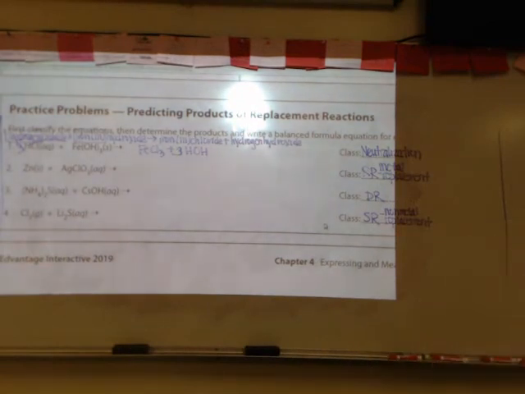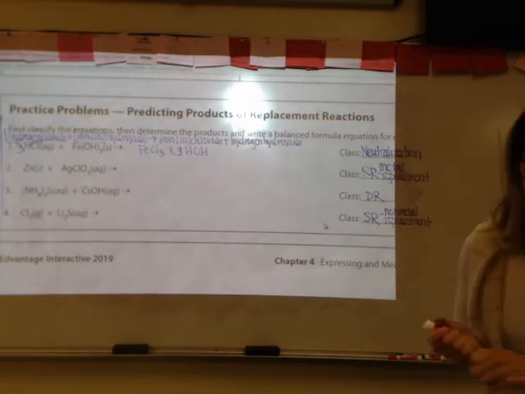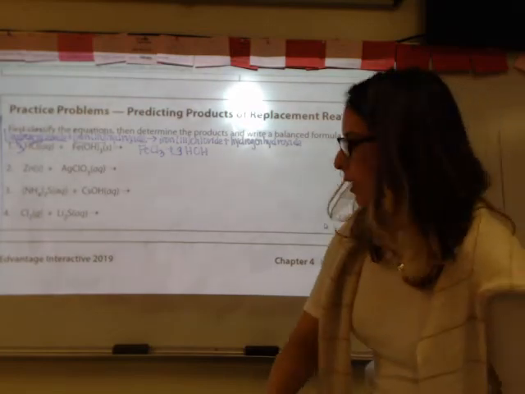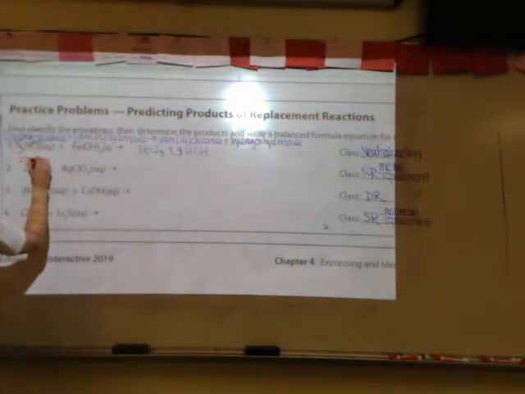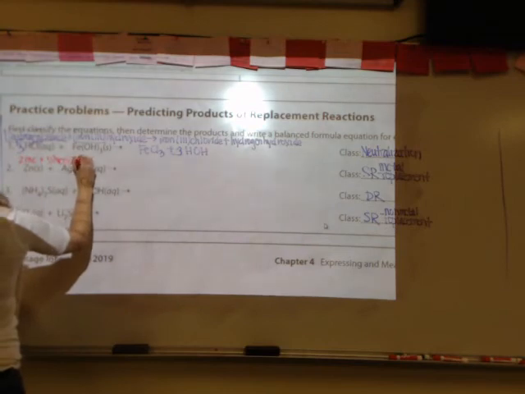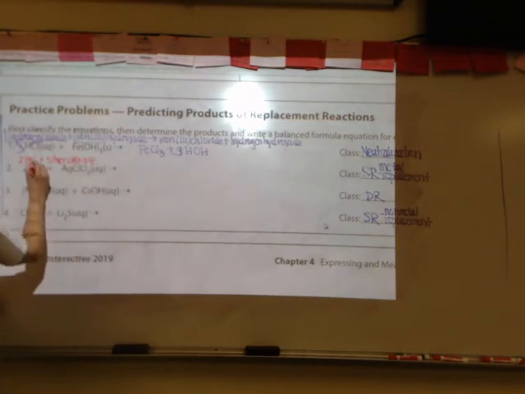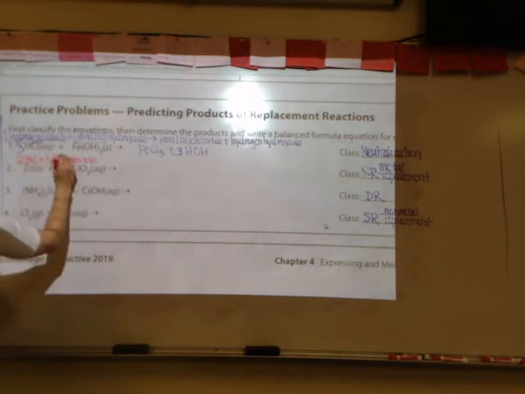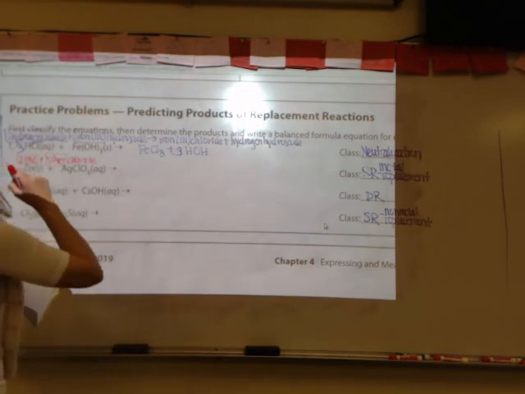Let's take a look at number 2. Here I have zinc combining with silver chlorate. Since this is a single replacement reaction, you need to look and see if the zinc is going to be more active than the silver in the activity series.